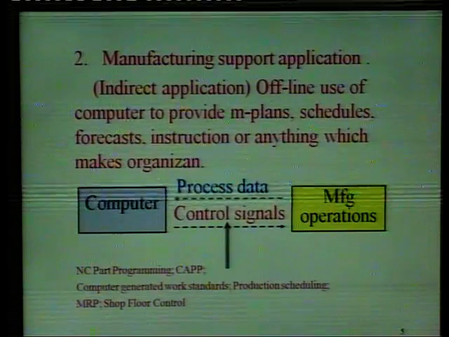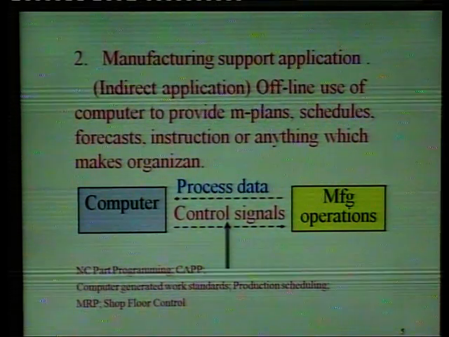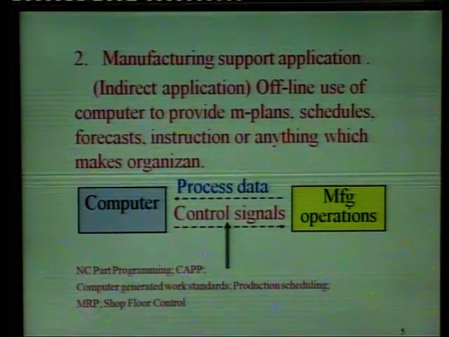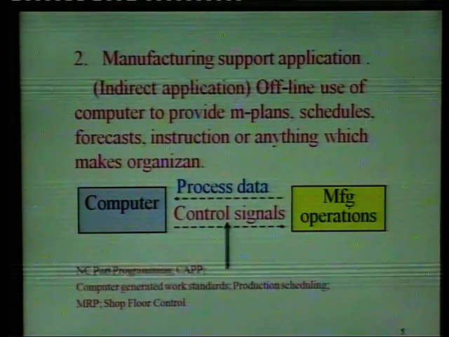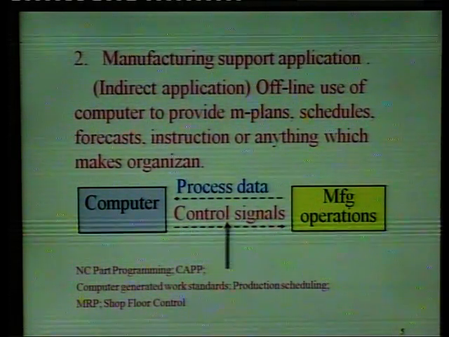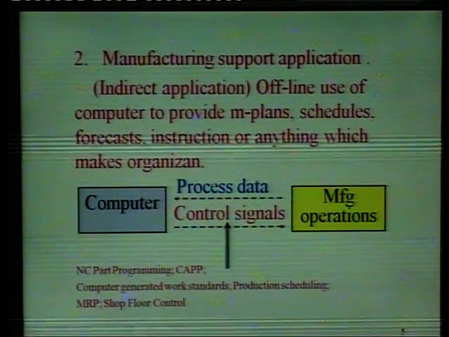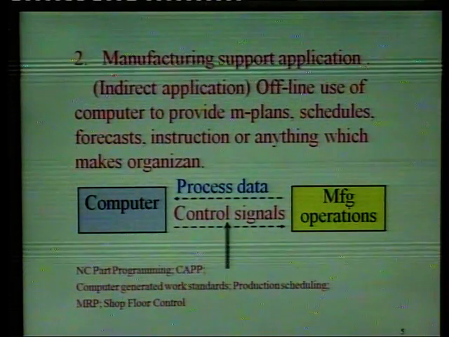The second computer application for CAM is manufacturing support applications. These are the indirect applications, or we also say that this is the offline use of computers. So, in the offline use of computers, we make use of the computer for different supporting activities which are required for manufacturing.